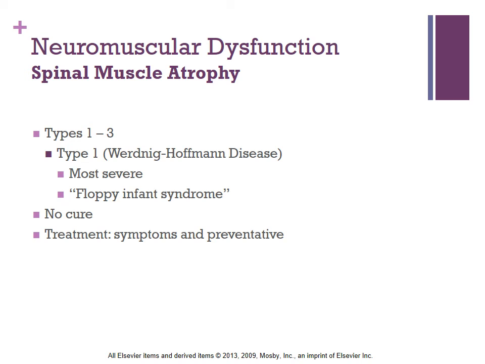So they're going to have progressive weakness and wasting of the skeletal muscles. So that's what caused them to be so floppy. And this occurs with swallowing. I mean, any type of skeletal muscle you can think of. So they may be on a BiPAP machine at home to keep them from obstructing while they sleep. And then nutrition, they usually have a G tube, so you would just teach them about that.